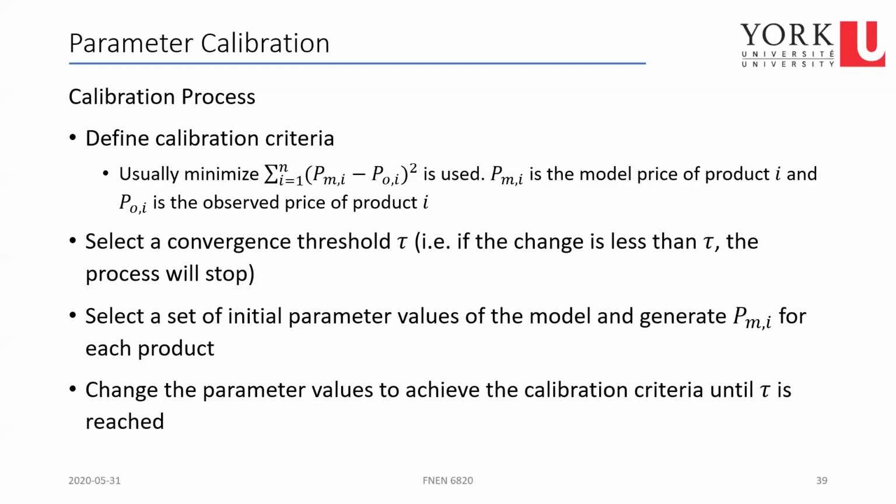Typically, you will use the observed option prices, and then you have the price being produced by the model based on a particular set of assumed parameter values.